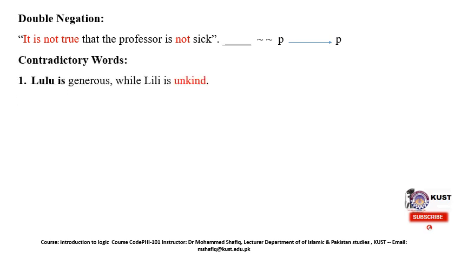Now there are certain contradictory words, such as being unkind. If we say Lulu is generous while Lily is unkind, "Lulu is generous" is expressed with the letter P, while "Lily is unkind" is expressed with the letter Q. So both have a conjunctional relationship between them.